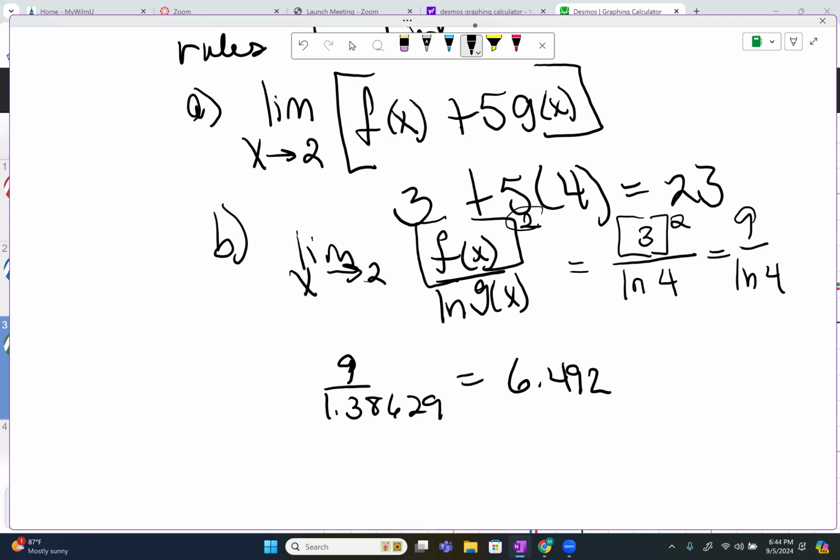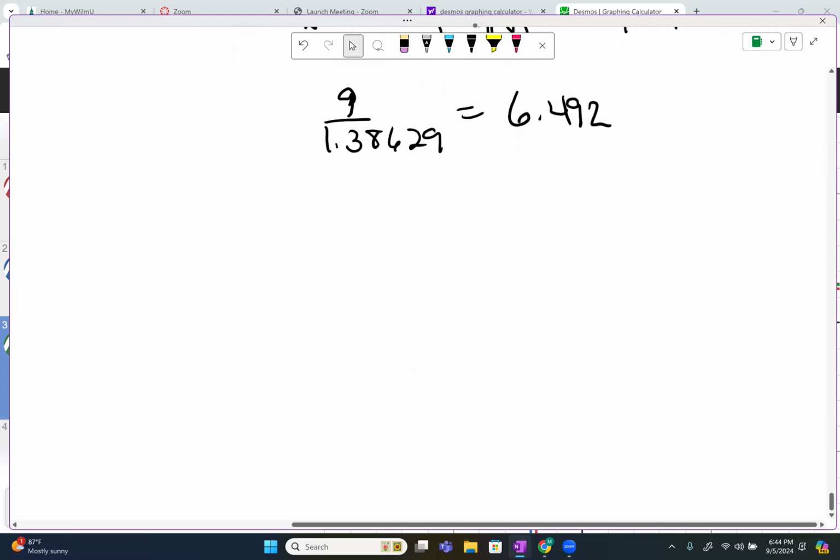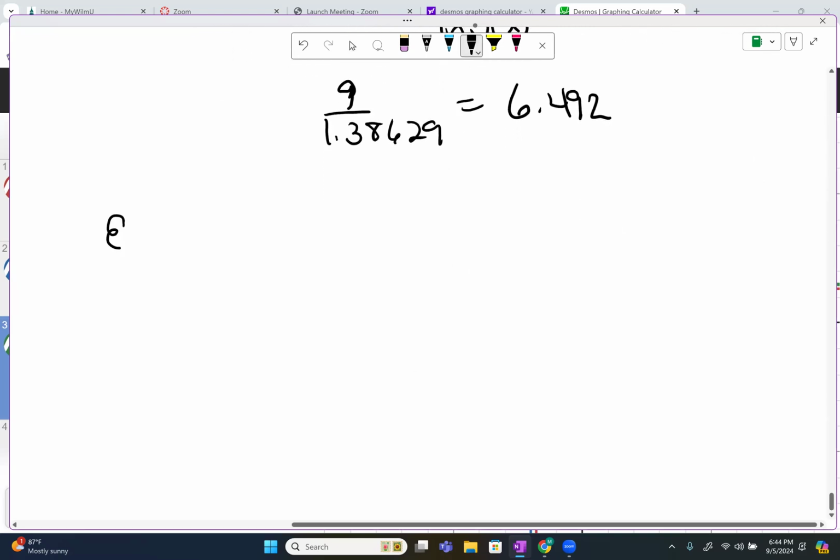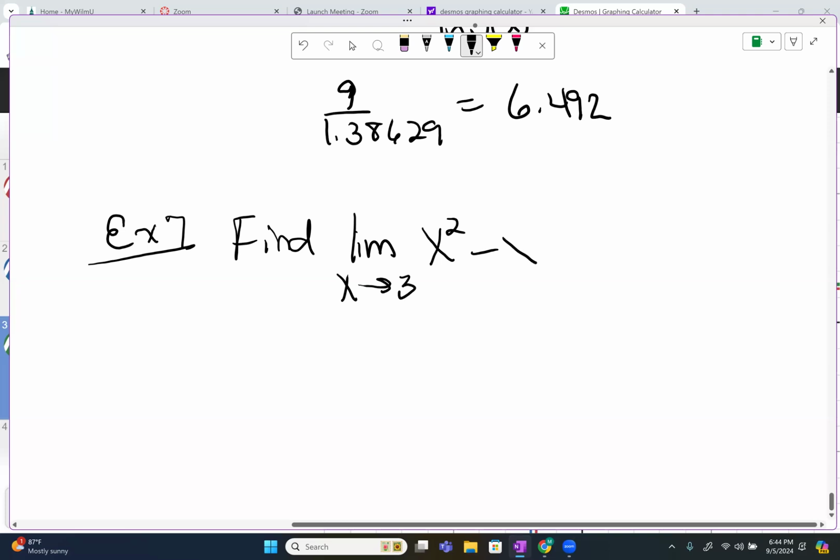Okay, let's take a look at another example, example 7. In this one, it says find the limit as x approaches 3 of x squared minus x minus 1, all of this over the square root of x plus 1.